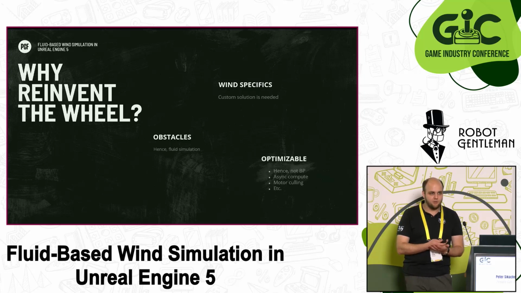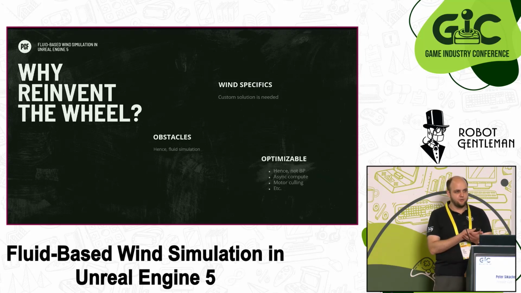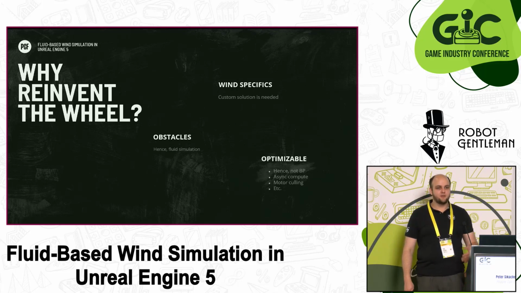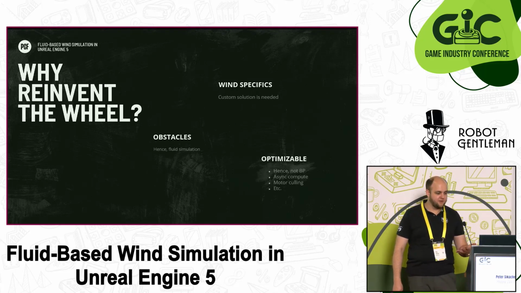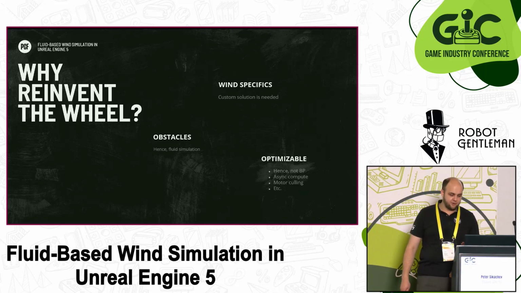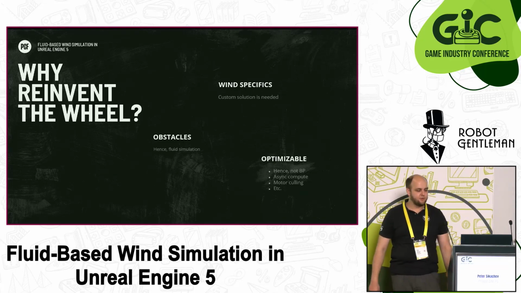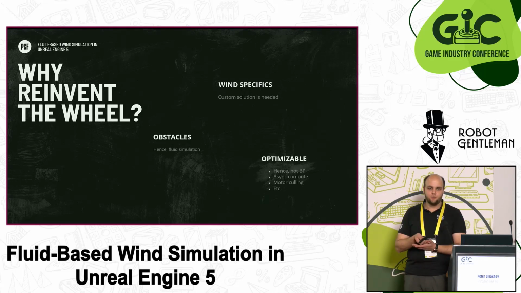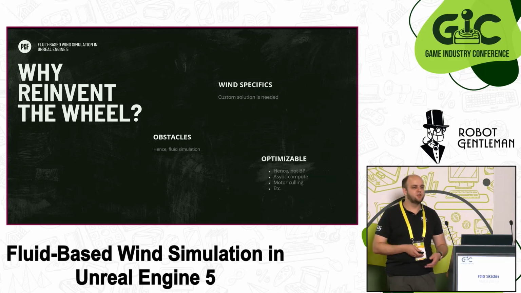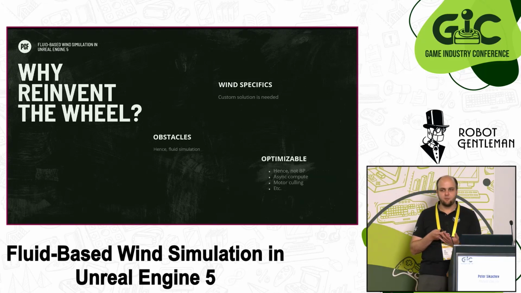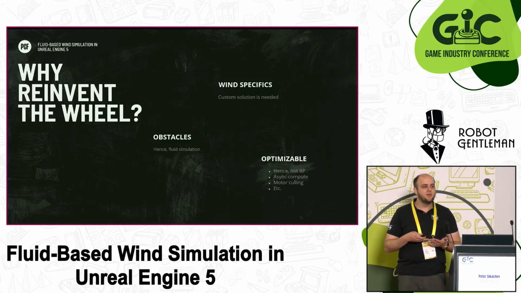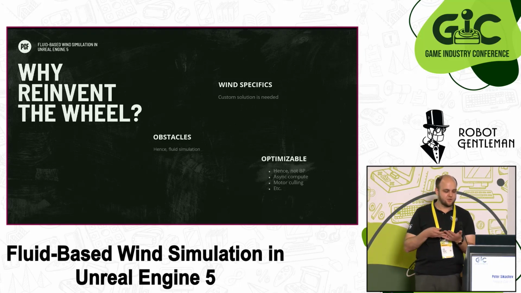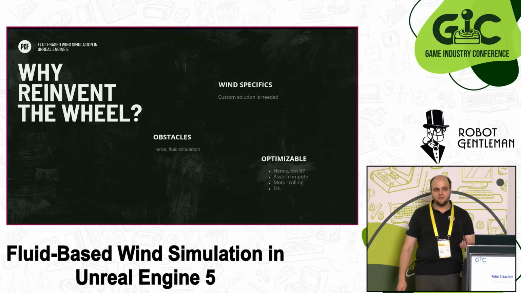Then why do we make this new fluid sim when there is already an existing solution? The answer is that we have some specifics of wind that are not covered by the existing fluid sim solutions. And besides, the reason we didn't want to, for instance, take Fluid Ninja and extend it is that we wanted to keep our solution optimizable, in the sense that we can do all code optimizations, such as eventually moving it to async compute.